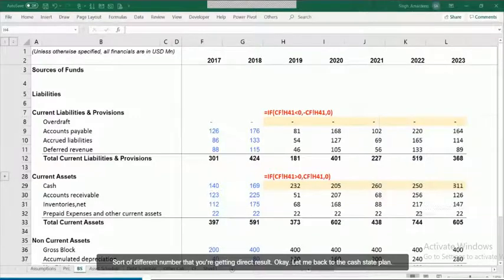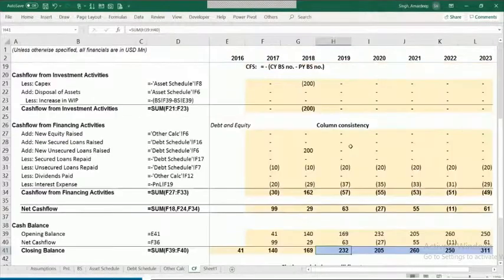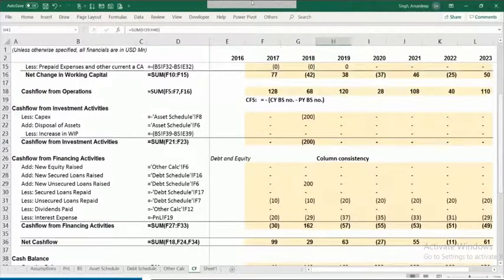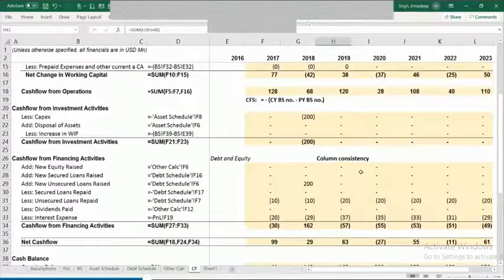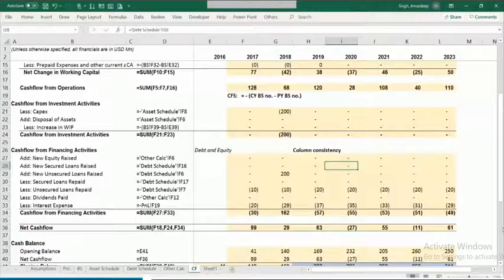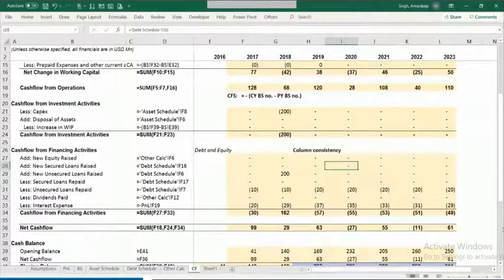Okay. Let me come back to the cash flow statement. Can you compare each and every head once and see which number is different? Let me reduce the zoom, yeah, I think now it's visible. So can you please see which number is not matching? This should help you. On the left hand side, you've got the formula which I've written in the 2017 year column.